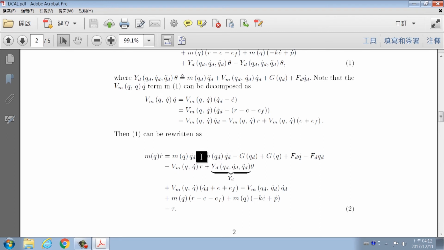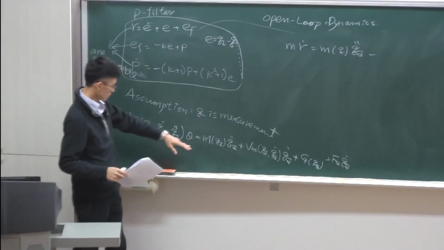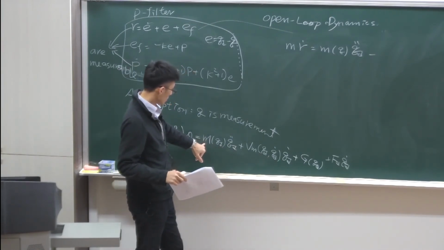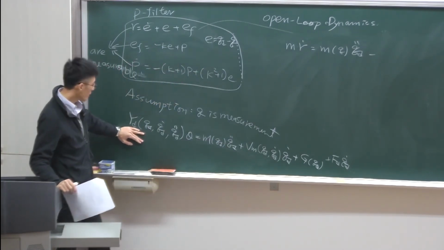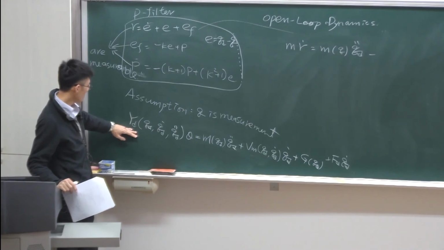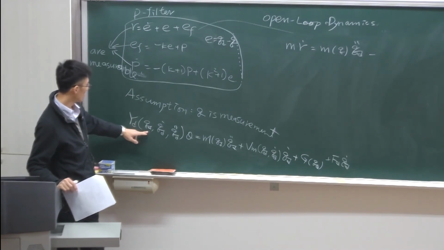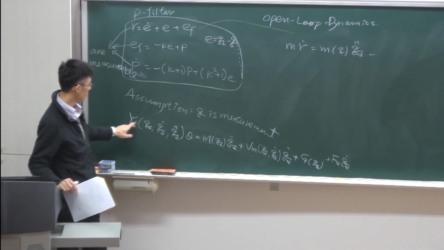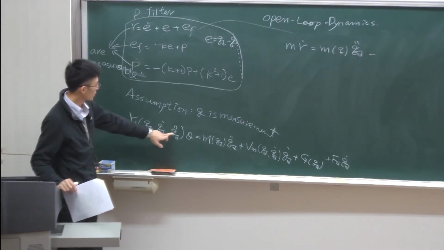Then your M R dot becomes this. We assume the open loop dynamics is this, and that theta is the unknown parameter. YD is the regression matrix along the desired trajectory, because Y is a regression matrix which is a function of Q dot and Q double dot.